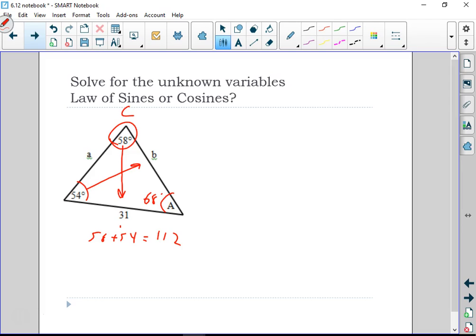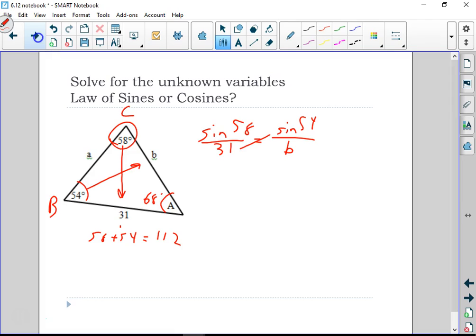So I'm going to start off with B first. I have sine of C, which is 58, over 31, the corresponding side, the opposite side, equals sine of 54 over B. So this is B right here, angle B. And so I just do that.